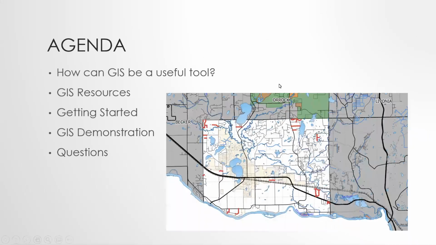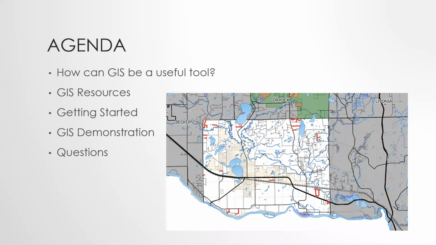So for today's agenda, or this presentation's agenda, will be, how can GIS be a useful tool for townships? Where can we get data and shape files? That's what you see on the screen there, in terms of your borders and your railroad and your different roads and lakes and parcels.